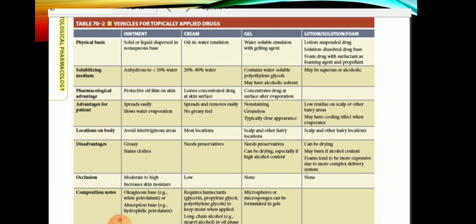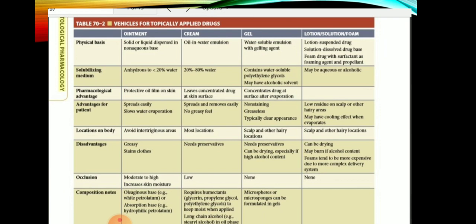The main disadvantage of using ointment is its staining property and its greasy nature, whereas the cream has its advantage over the ointment. But the ointment can be applied once daily, so patient compliance would be better in that context, whereas cream is usually given twice or thrice daily.